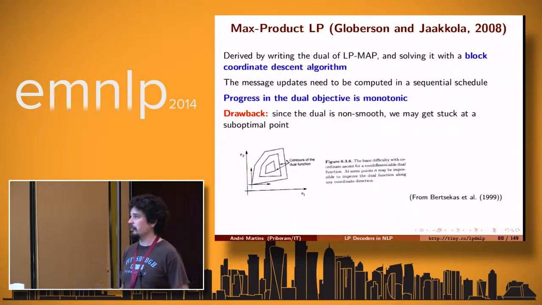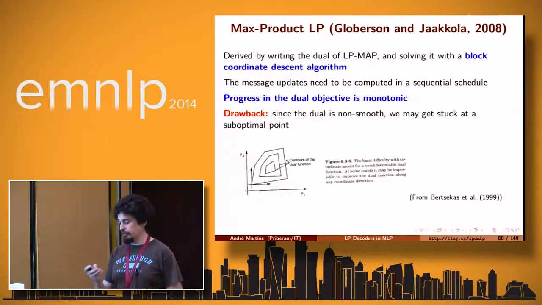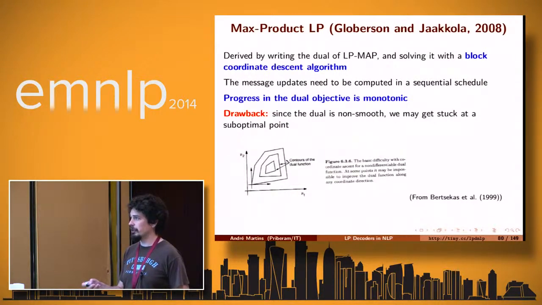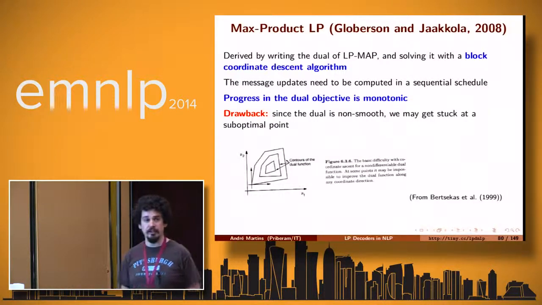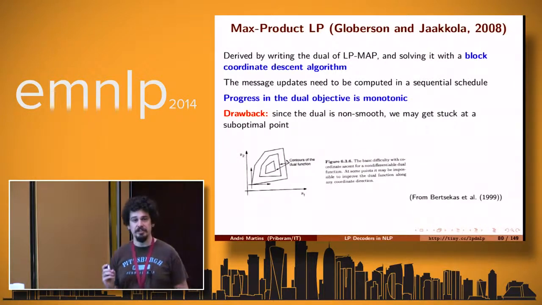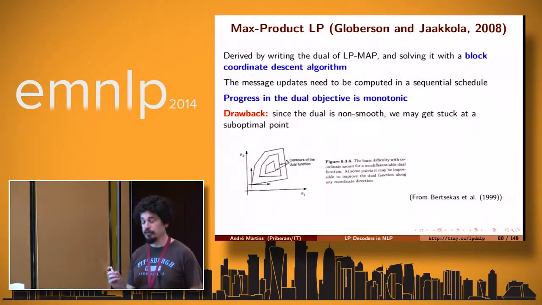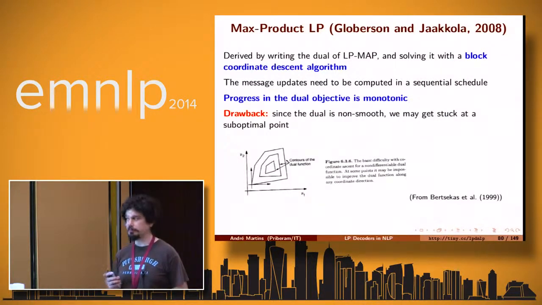I'm skipping all the math, but if you take the Lagrange multipliers, these multipliers are going to correspond to messages, and the message updates need to be computed in a sequential schedule for this coordinate descent algorithm to work. One advantage of this algorithm is that the progress in the dual objective is monotonic. So on every update of the messages, you are improving the dual objective.